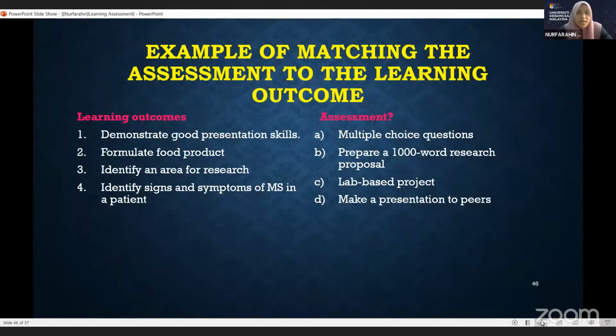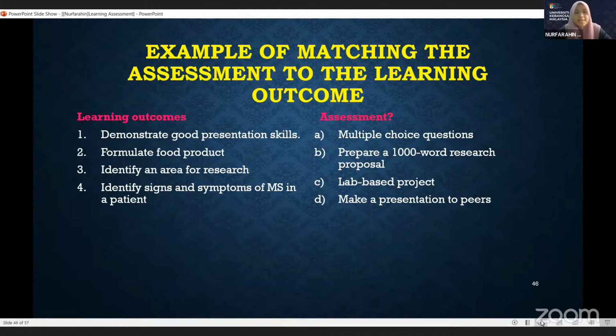Now, that is one way of making sure that the assessment method actually reflects the targets. Another way of ensuring that the assessment method matches the learning outcome, previously we used learning targets, and this time we use learning outcome, is by ensuring that you stick to constructive alignment. You make sure that your intended learning outcomes, your teaching and learning activities, as well as your assessment methods, are constructively aligned to one another.